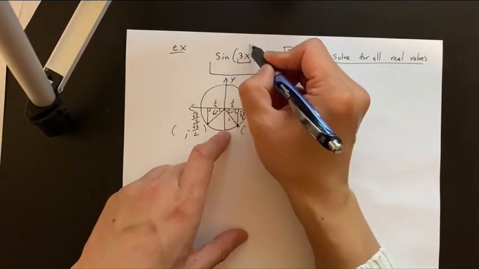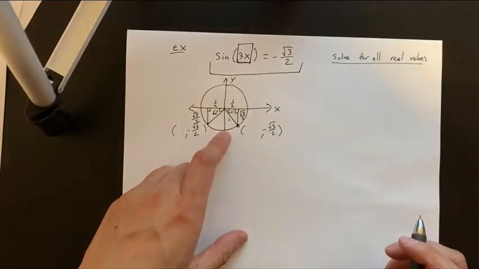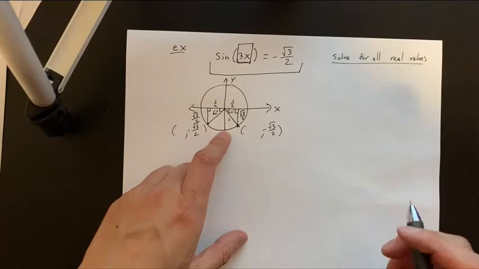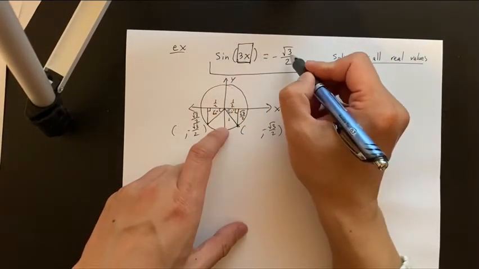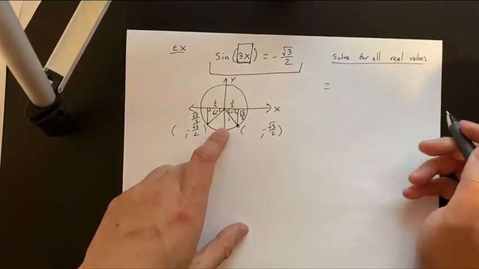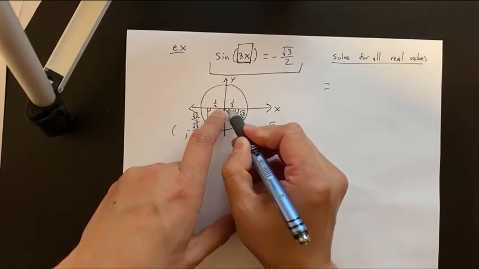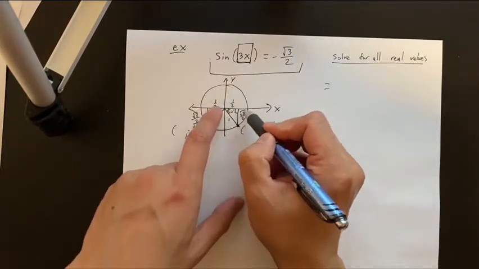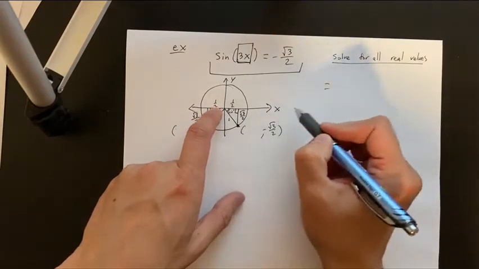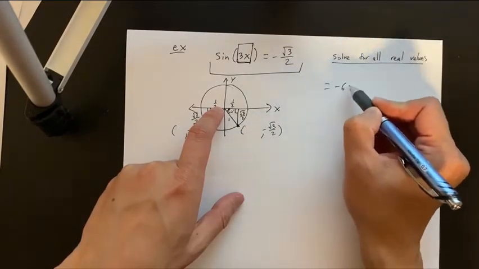And so the input for sine would be 3x. So what angle should I plug into sine to get negative root 3 over 2? Well, the first angle, to get this position, you can use the counterclockwise value or the clockwise value. I'm going to go with the clockwise value, and that's a negative 60.